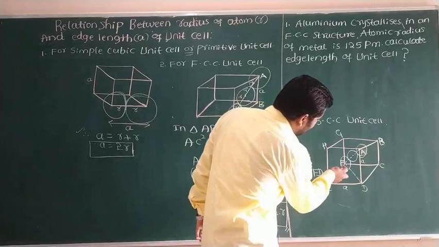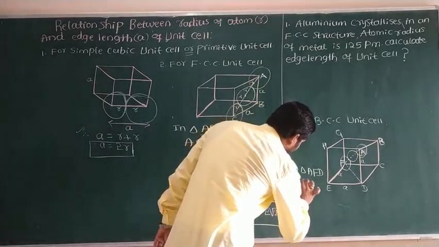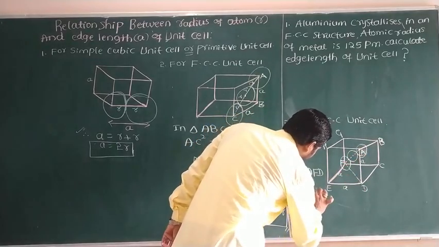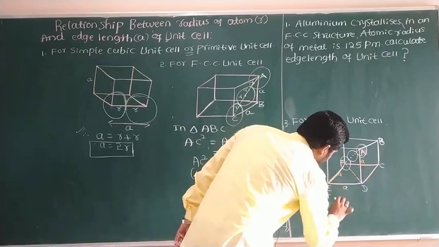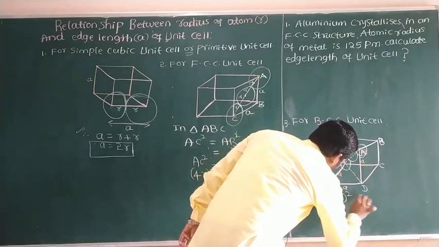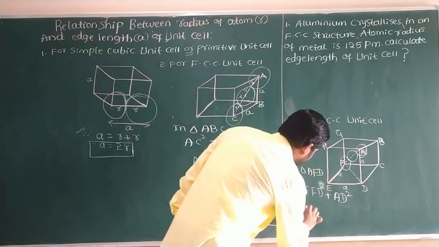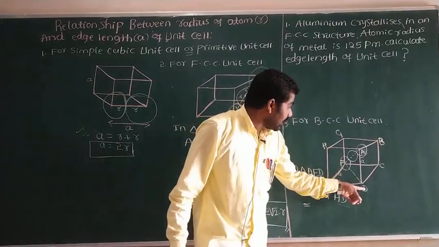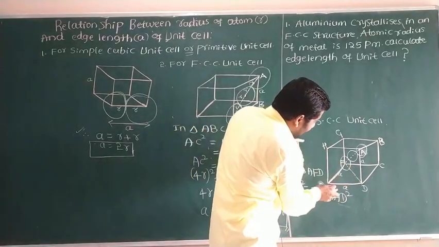Therefore in triangle AFD, AF square equals FD square plus AD square. What is FD? This is FD. Again this is a face diagonal with respect to this triangle EFD.